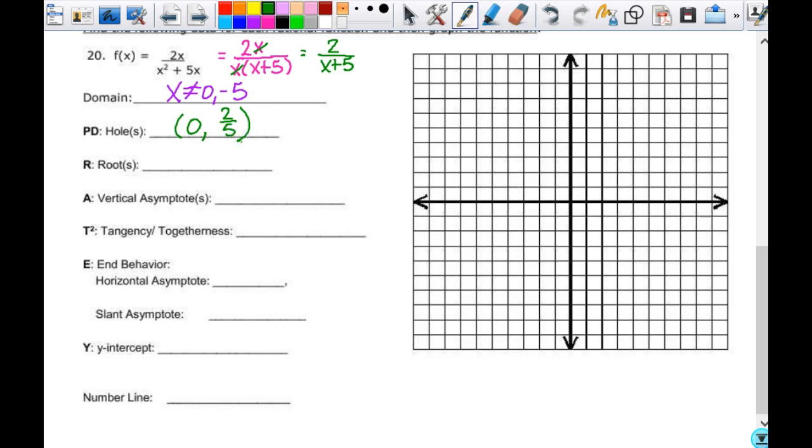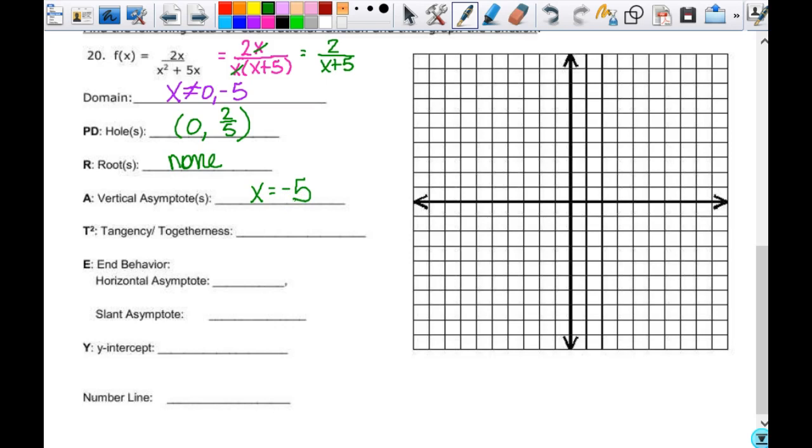So there's a hole in my graph. Then my roots. My roots, I take my numerator, set the factors equal to 0. That doesn't really work out for me there, so there is none. Vertical asymptotes, set the denominator equal to 0, so x equals negative 5.